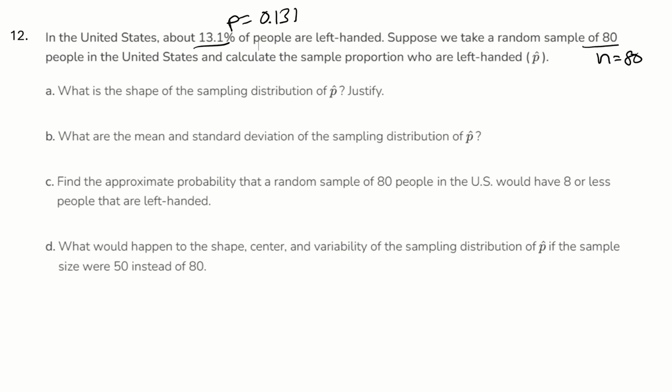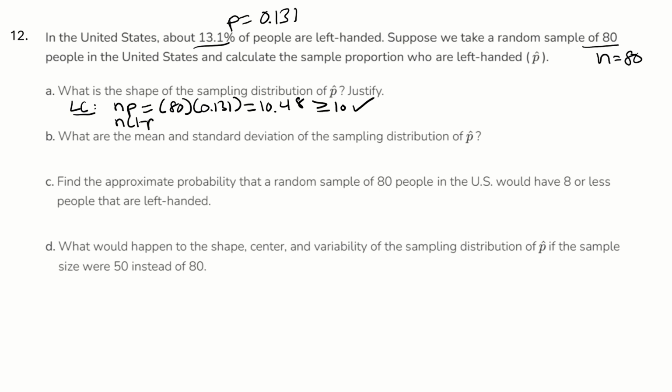And justify. Okay, so remember, to determine whether it's normal or not, it has to satisfy the conditions, right? So it has to satisfy the large counts condition. All right, so np is equal to 80 people times 0.131, which is 10.48, which is greater than or equal to 10, so that's good.